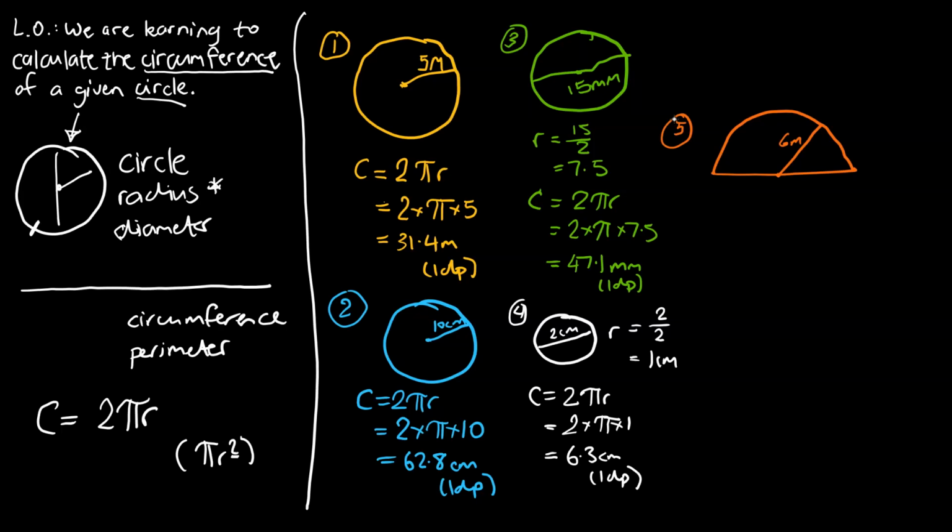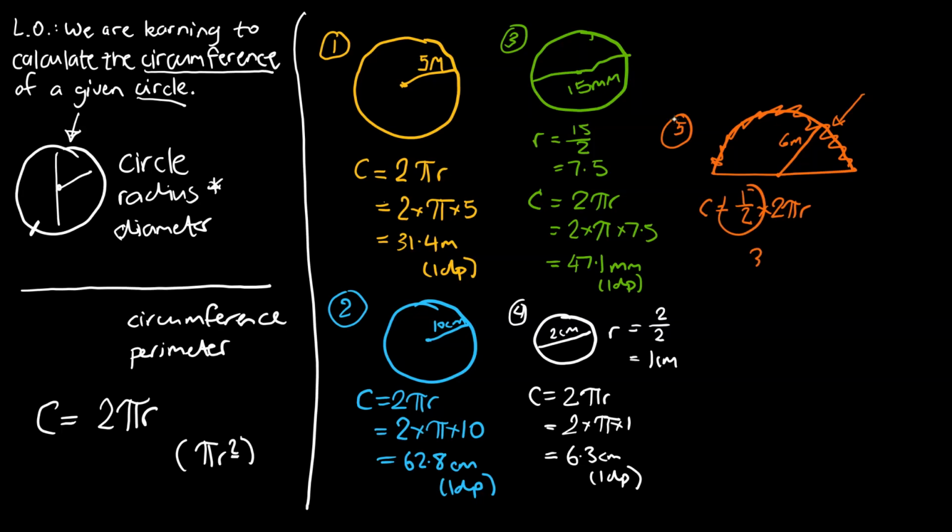So in this case here, our calculation is actually going to form 2 parts. It's going to be the curved edge of the shape, the one that goes from here all the way around to the end. And then it's also going to be the flat edge of our shape as well. So let's calculate the curved edge first. So the circumference is going to be equal to 1/2, because it's a half circle, times 2 pi r.